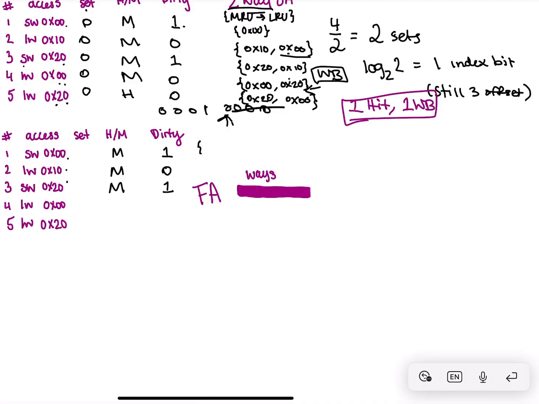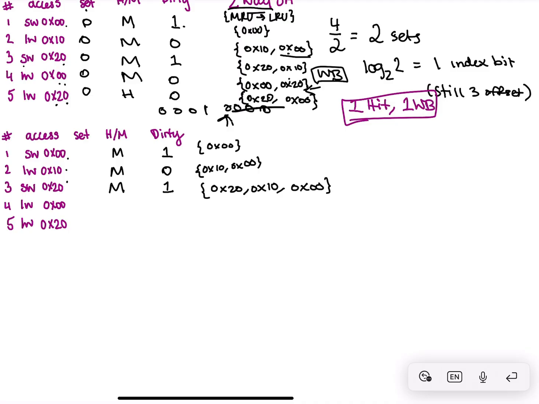And we're going to list our cache here, 0x00. I'm going through this a little bit quicker since we already did this. 0x10, 0x00. And then for this one right here, I'm going to erase this. We have 0x20, 0x10, and we don't need to evict anything this time. We can just keep on adding.